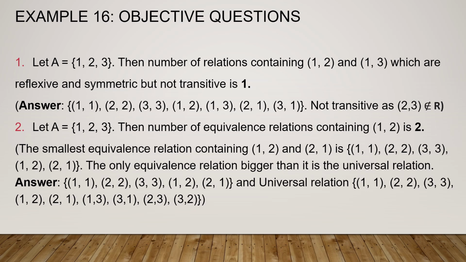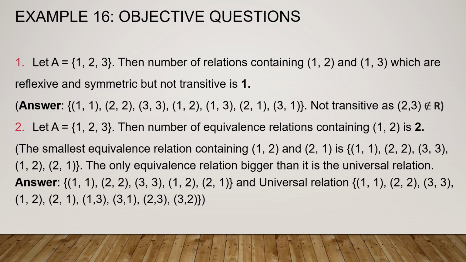The only relation which is bigger than this relation and is also an equivalence relation is the universal relation. Universal relation means all the ordered pairs are included. So (1, 1), (2, 2), (3, 3), (1, 2) is there, so you will need (2, 1). Correct? Now I want a bigger relation than my given relation. So suppose if I am adding (1, 3), I should add (3, 1). If I am adding (2, 3), I should add (3, 2).